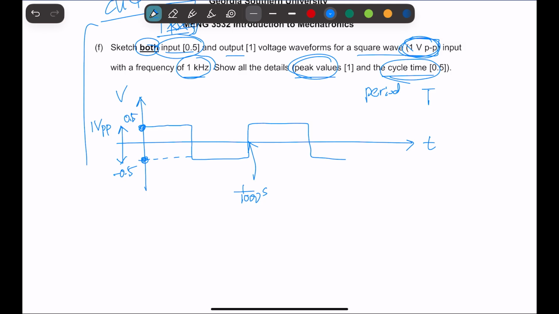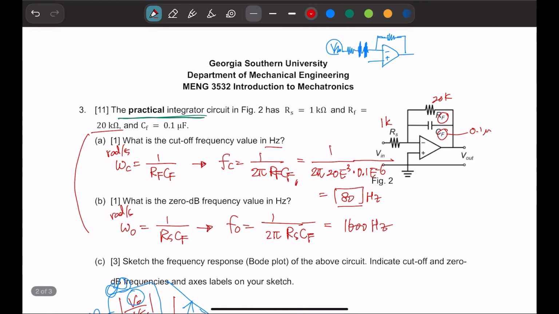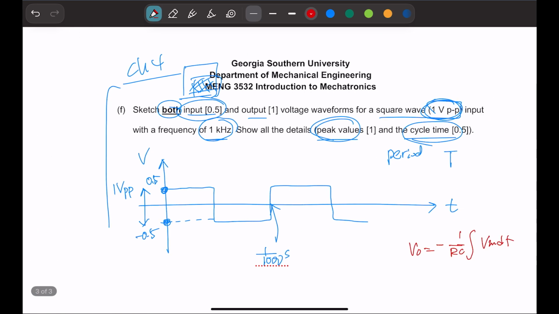Okay, and then we need to think about the output. Vout, it's the integrator, right? So I think it was minus 1 over R times the integral of Vin, with our C_F.